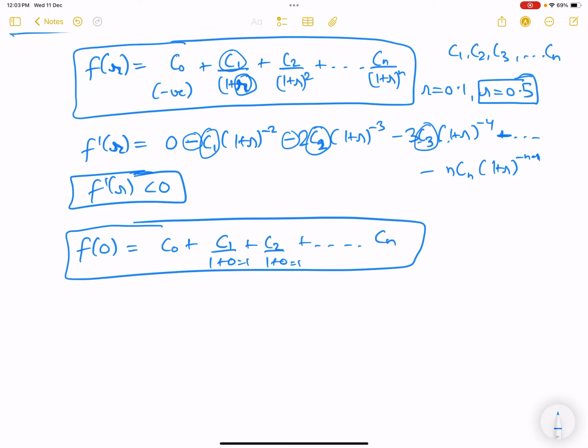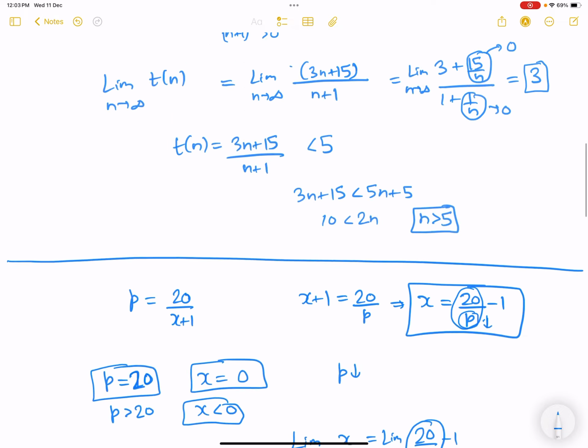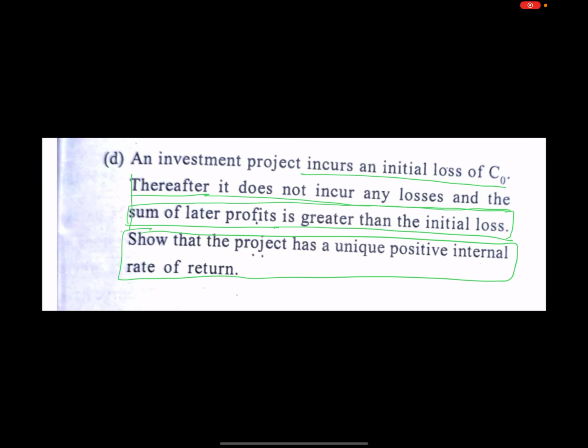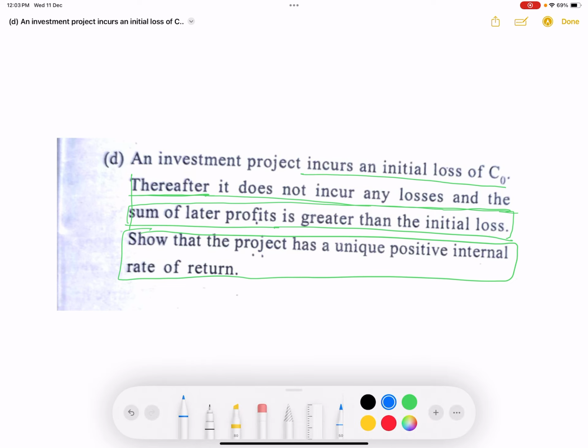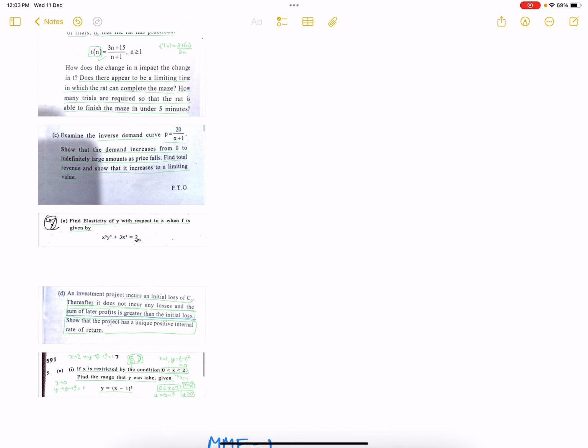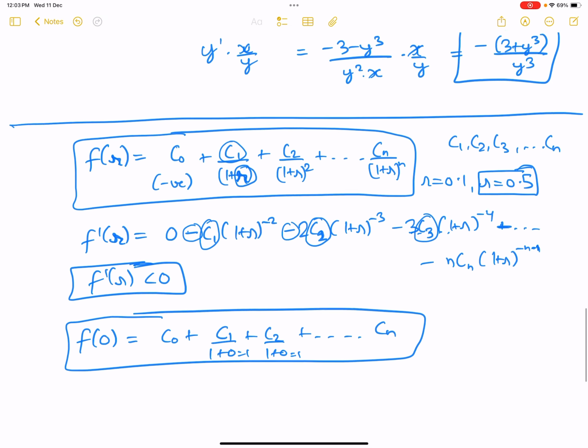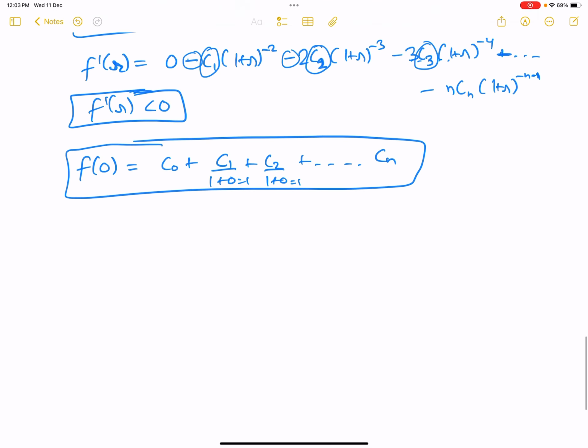It is given in the question, okay, just look at this again: it does not incur any losses after the initial loss, and the sum of later profits is greater than the initial loss. That is, c0 is the initial loss, and this is the sum of the later profits. So this sum is greater than the initial loss. So we have f of 0 greater than 0.